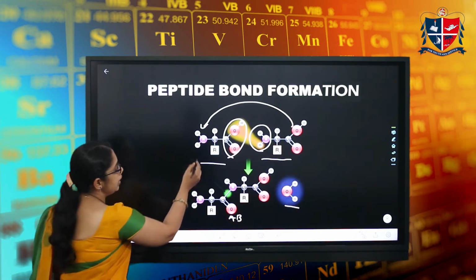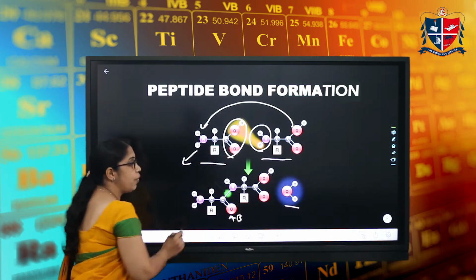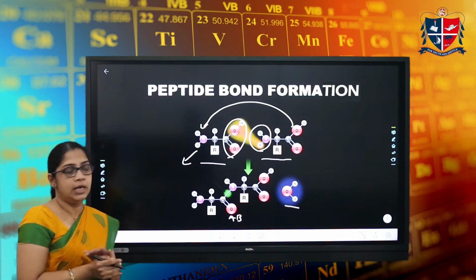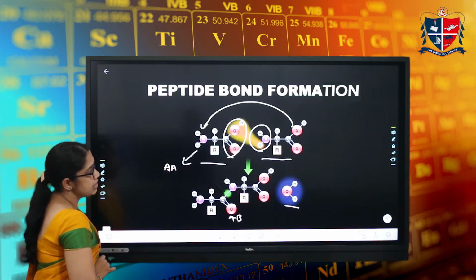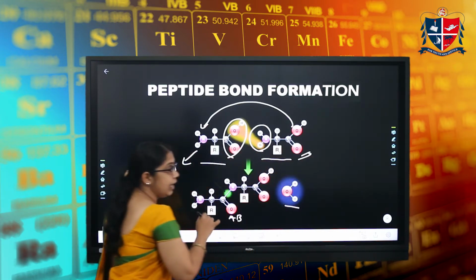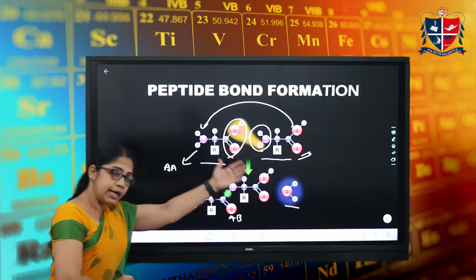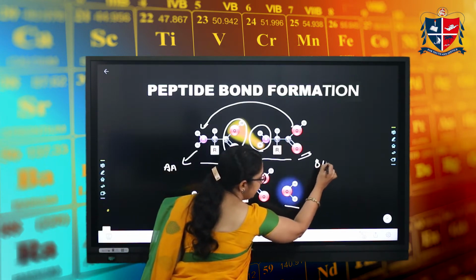Also this NH2 can condense with the COOH group of the similar type of amino acid and form the product AA. Similarly, this COOH can condense with the NH2 group of that kind of amino acid and form BB.